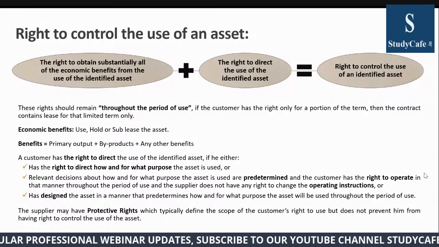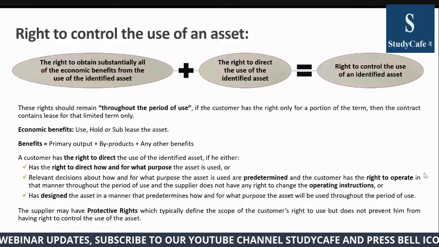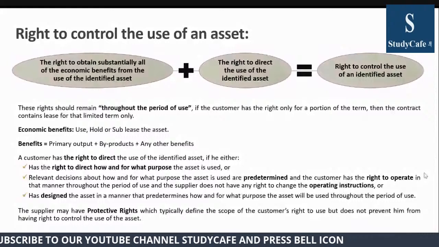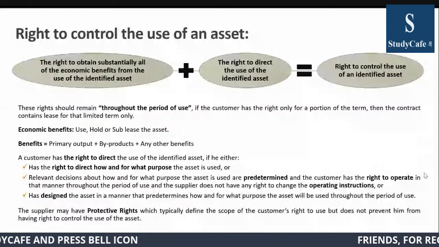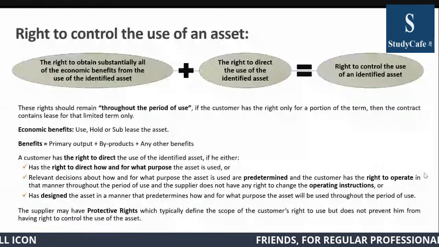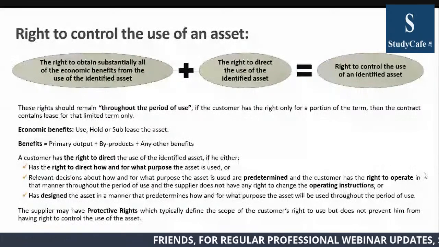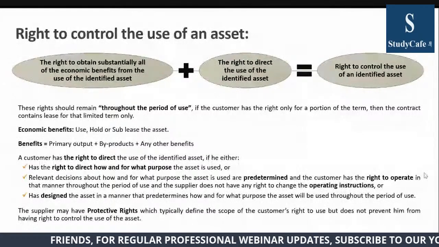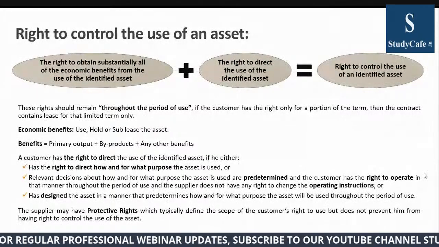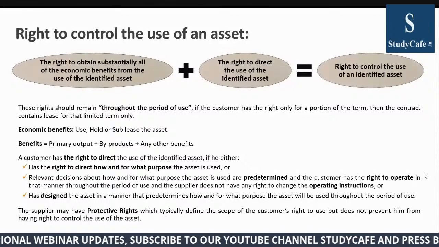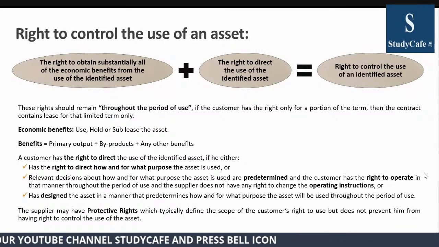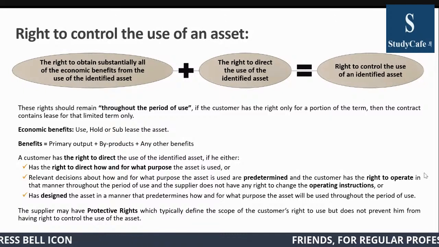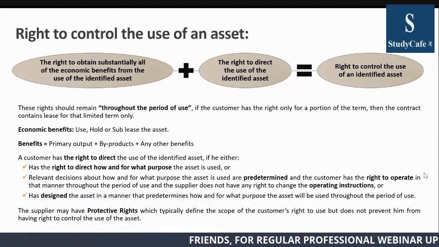So whenever there is a situation like this, we need to see whether the lessee can control the use within the defined scope of the lease contract. This maximum limit of 1 lakh units production is just a limitation, just an upper cap, right? So if the lessee can derive all the benefits within this defined scope of 1 lakh units, then we can still say that the lessee has a right to control the use.